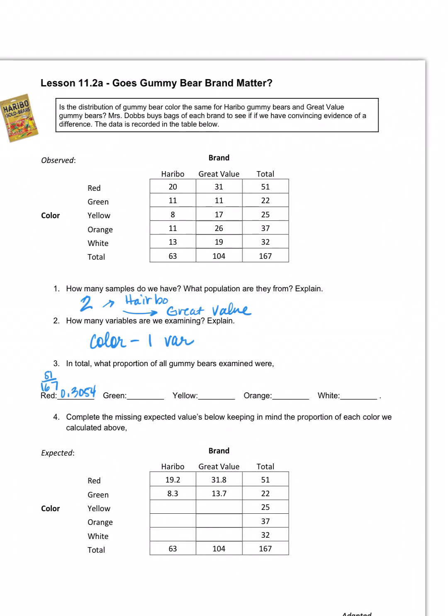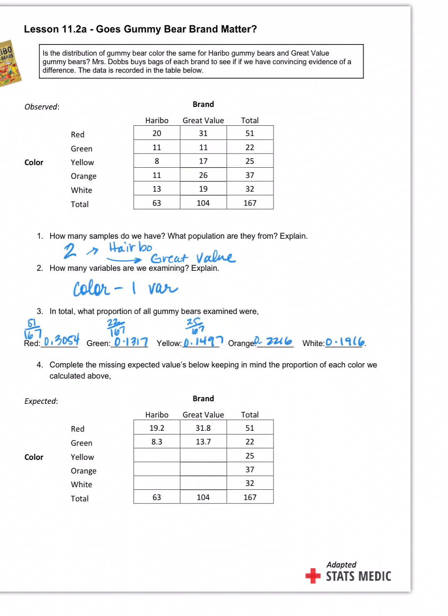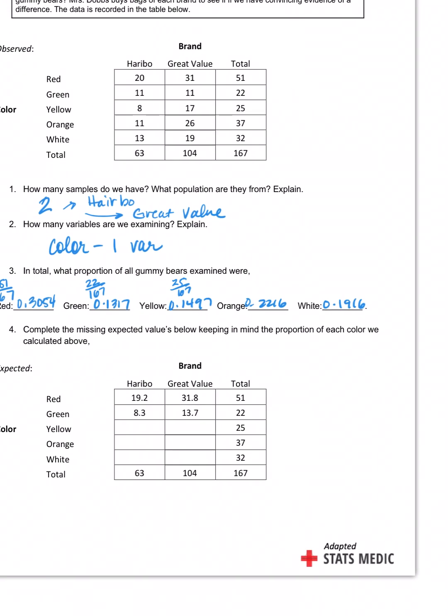If I did the same thing for green, it would be 22 over 167, which comes out to 0.1317. I'm just going to fill these in because it's not something you're going to do every time. 0.2216 and then 0.1916.